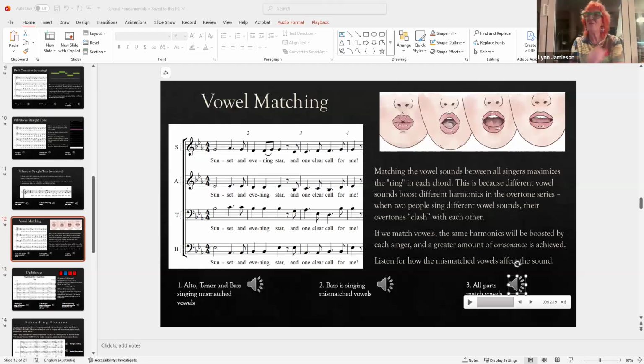But if they get used to you doing that to them really early on, the good ones will start to hear it really well themselves, and before you know it, you don't have to do it anymore. Someone will give them a shove and say, "You're doing it again." You know, that's a really big thing for me, is the vowel matching.